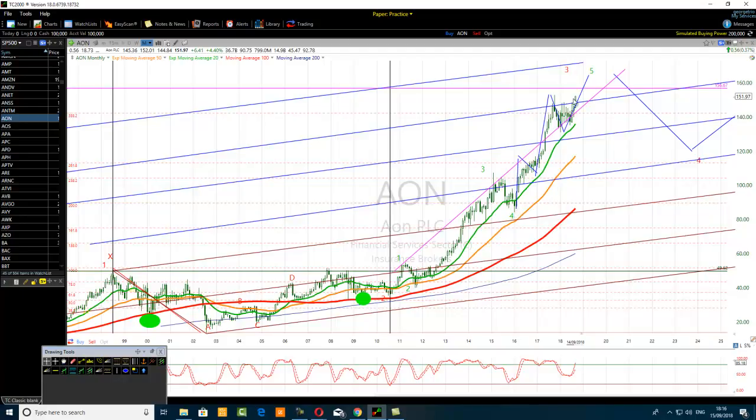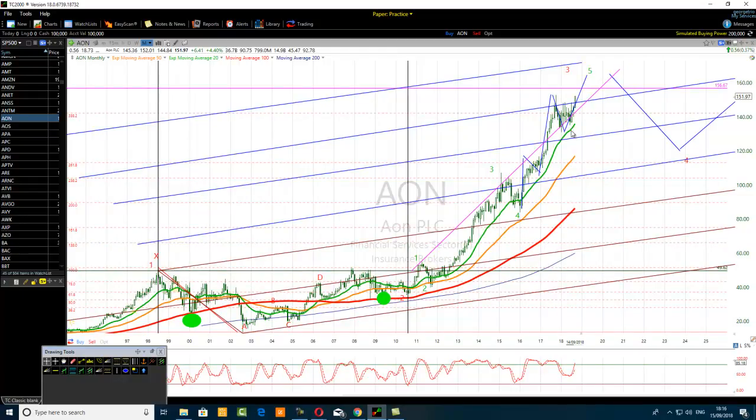So from here to here is the fifth minor wave of the third wave. But from here going up to there, that's the fifth minor wave of the fifth minor wave itself of the third wave of a higher degree. So we have a double minor wave, each wave subdivided into 5.